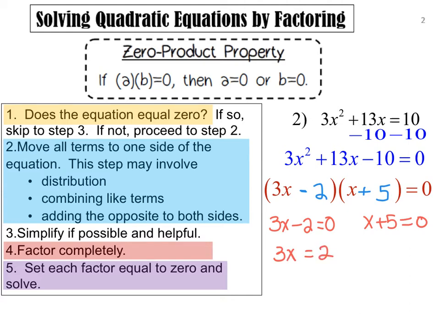We divide by 3, and x is equal to 2/3. Over here, one step, subtracting 5 on each side, and x is equal to negative 5. So my solution set, put it in my little curly brackets, will be negative 5 and 2/3.